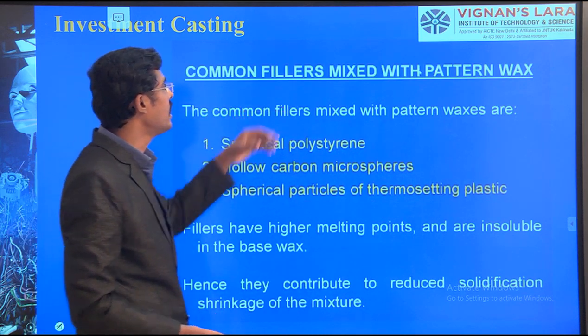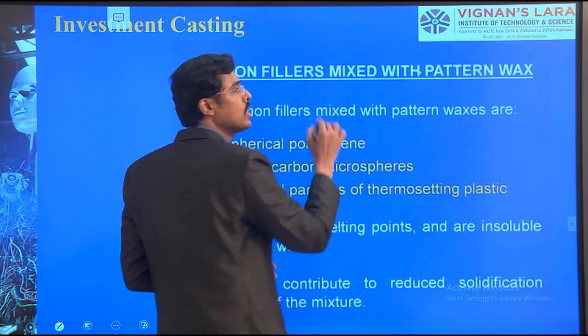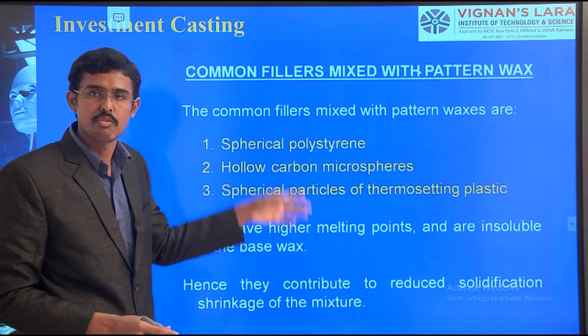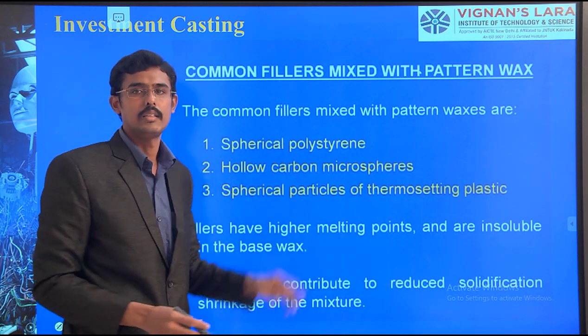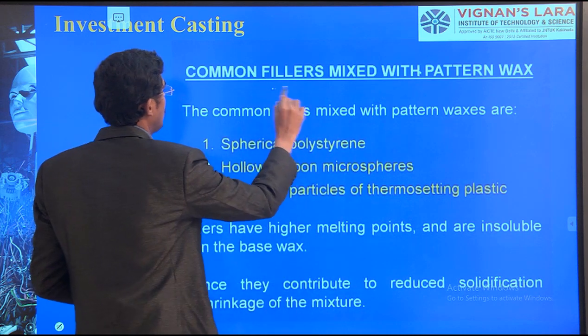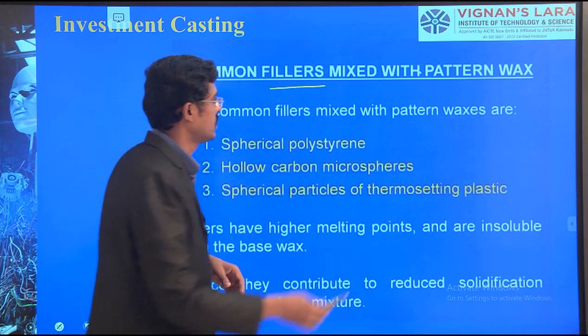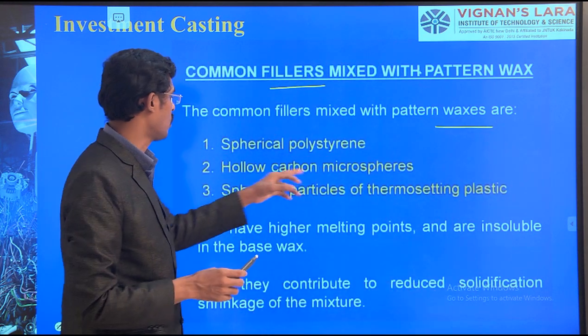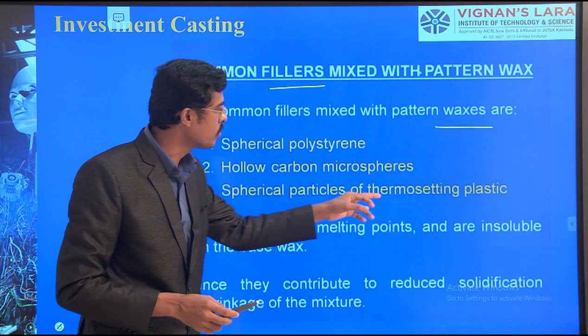Now the common filler mix in the pattern: we have talked about 70% wax, and the remaining 20% and 10% are fillers and resins that we have to add. Common fillers mixed with the pattern waxes are spherical polystyrene, hollow carbons and spherical particles of thermosetting plastics.